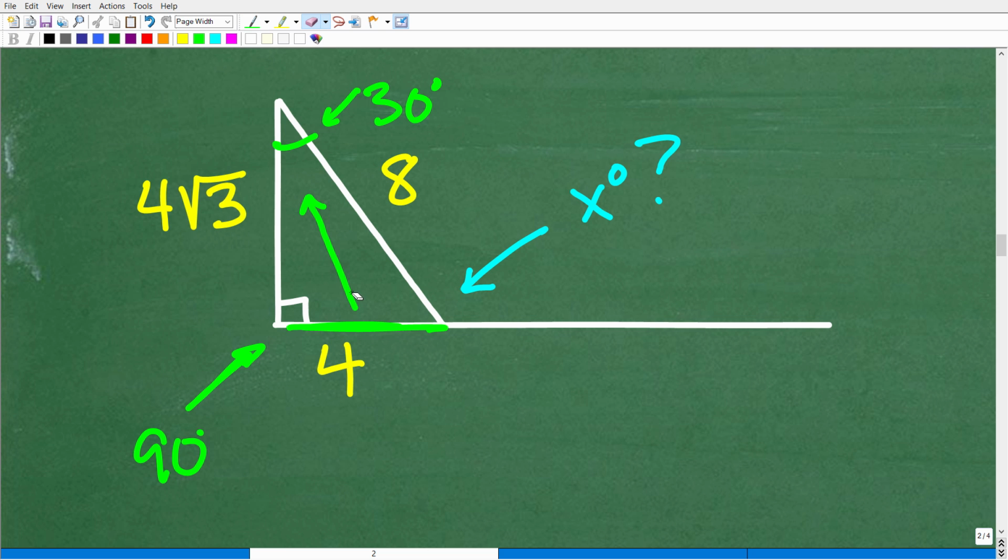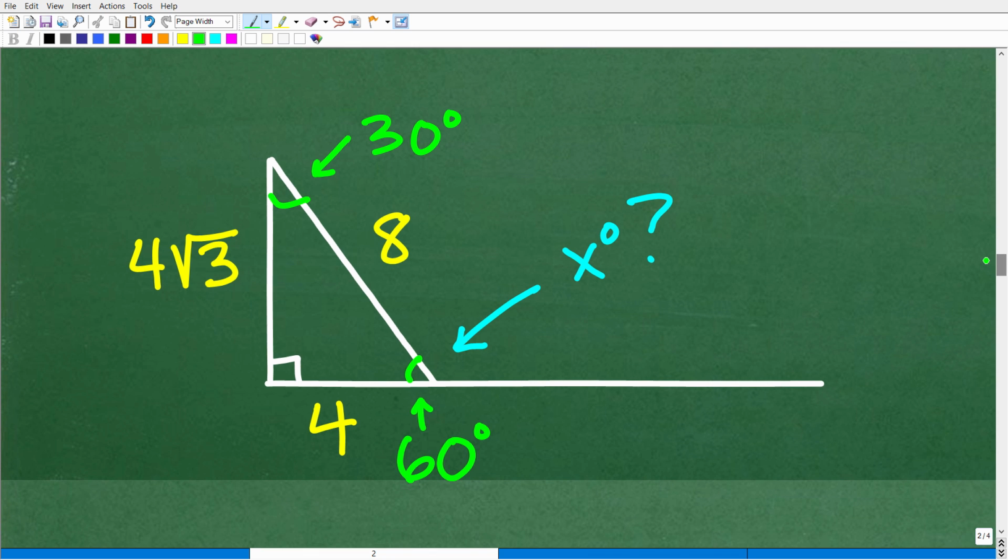Okay, so that's 30 degrees right there. So therefore, this has to be 60 degrees right here, because 60 and 30 is 90, 90 and 90 is 180 degrees. That's how many degrees you have in a triangle. All right, so hopefully you see where I'm going with this. This is not going to be that difficult to solve. So this is 60. This is 30.